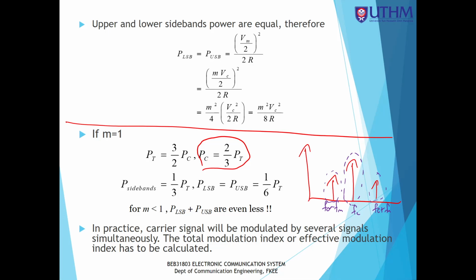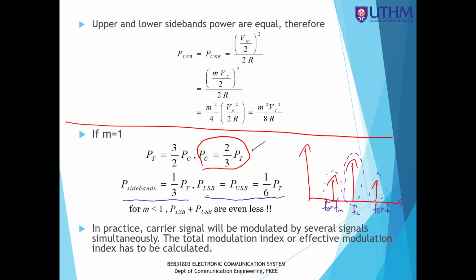Okay, so from this characteristic of the double sideband, if 2/3 of the total power belongs to the carrier, that means both sidebands only consume 1/3 of the total power, and each sideband is half of it, which is 1/6 of the total.